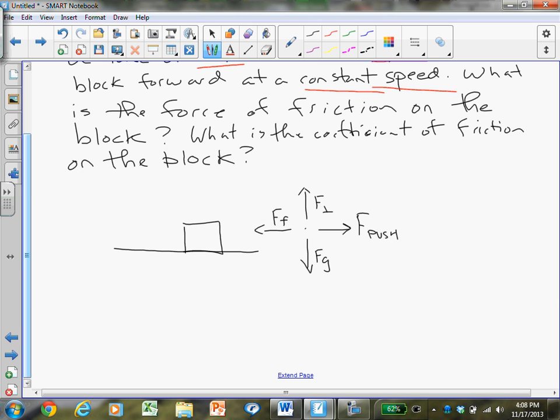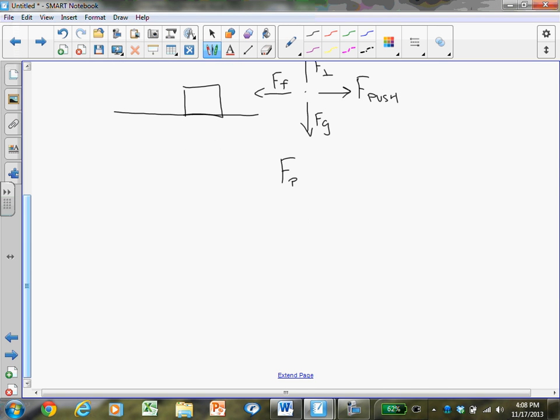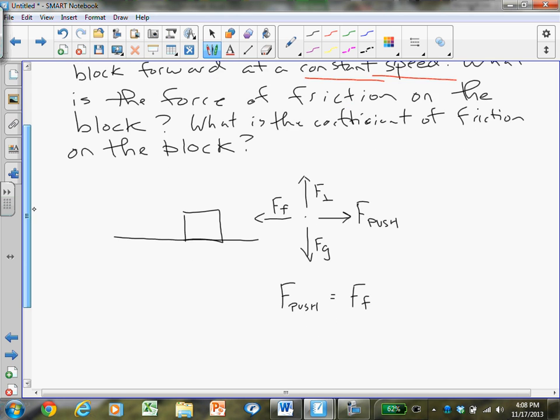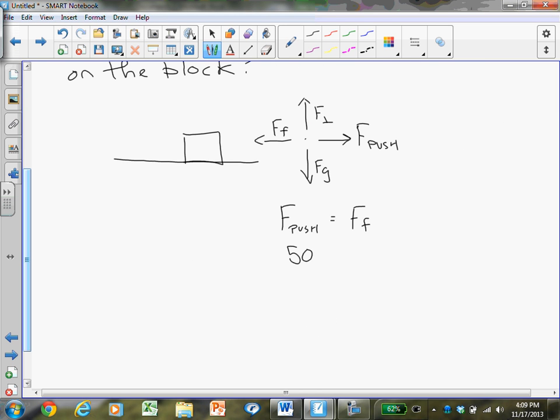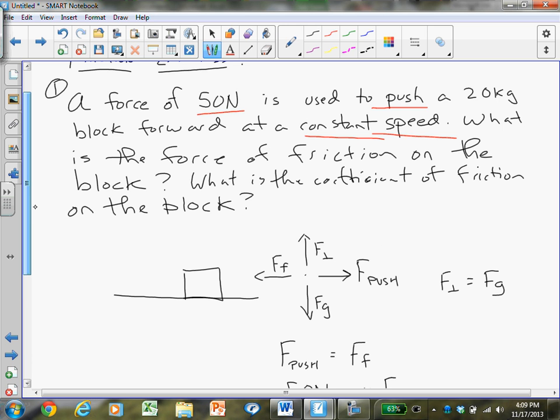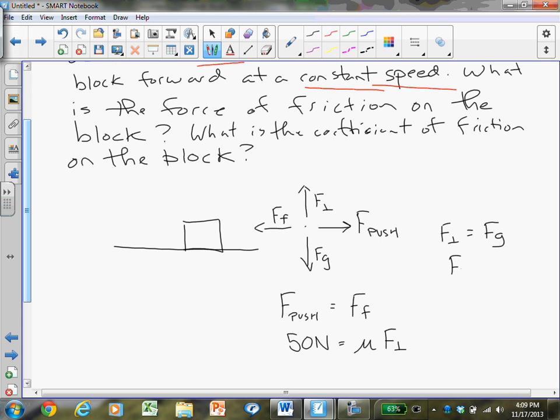In this case, we're just going to use the fact that the push force equals the friction force, and we're given that it's pushed with 50 newtons. So we know this is 50 newtons right off the bat, and the friction force is mu F perpendicular. Since it's flat, F perpendicular equals Fg. So F perpendicular would be 20 times 10, or 200 newtons.